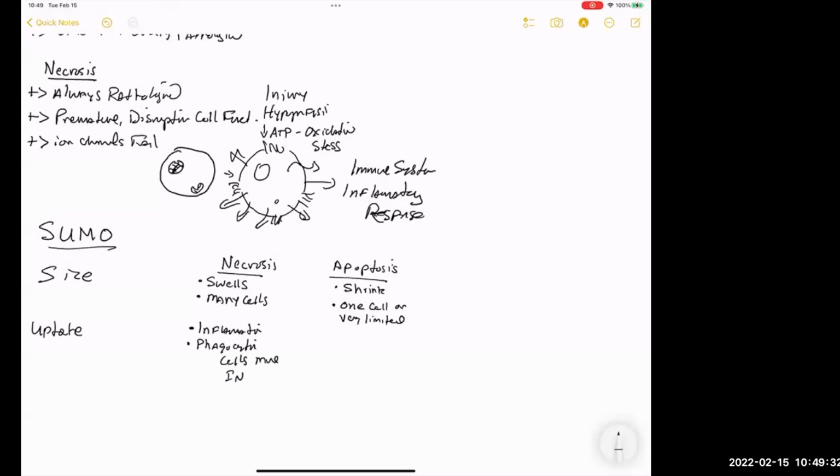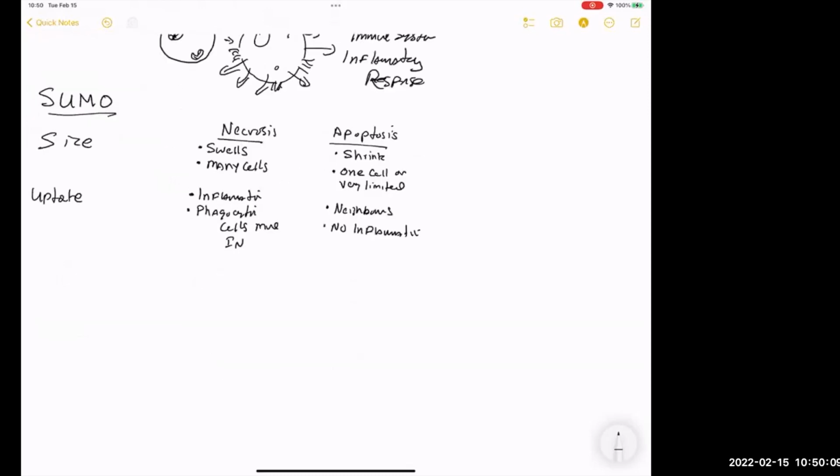Those phagocytic cells, the monocytes, move out of the bloodstream and become macrophages. In apoptosis, what do you have? Well, you have neighbor cells. The neighbors ingest, right, the cell contents that are all packaged up nicely. And so there is no inflammation that occurs. So that's the uptake, right?